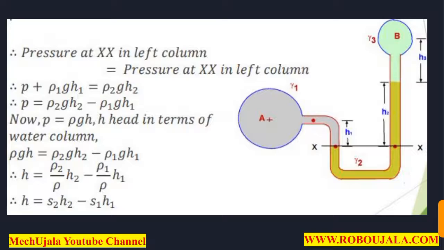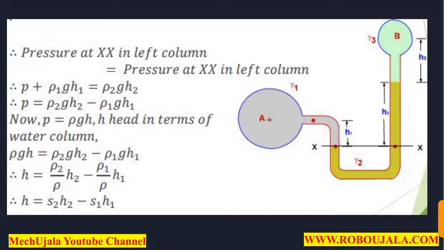So let's see how we can apply this formula here. We know the pressure at point A is P, and because the density of this liquid is rho 1, the pressure here at cross section X in the left column is rho 1 g h1, and the pressure in the right column is rho 2 g h2.